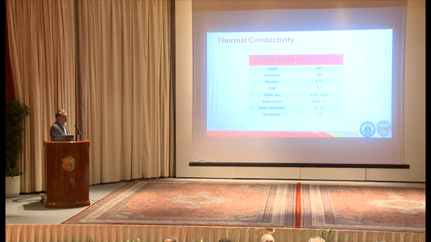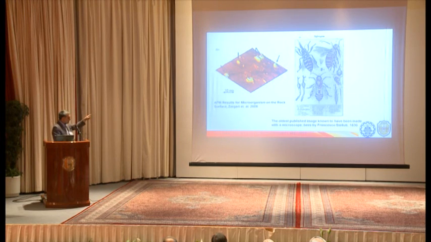And for sandstone, the reservoir rock that we are talking about, it is 1.7 or something like 2, compared to 400 and 200. So if we increase it, it means that we can increase the amount of heat that could penetrate into the reservoir, increasing the efficiency of the steam injection. So that's the reason behind this slide, okay?